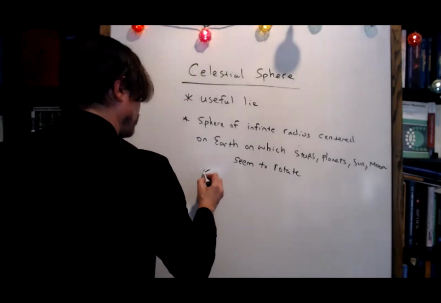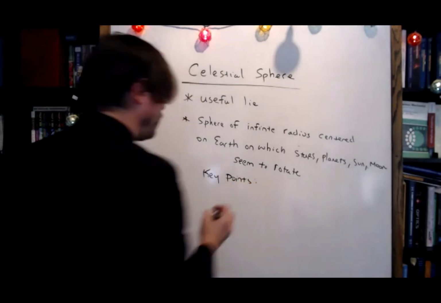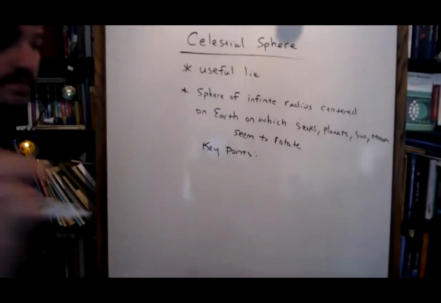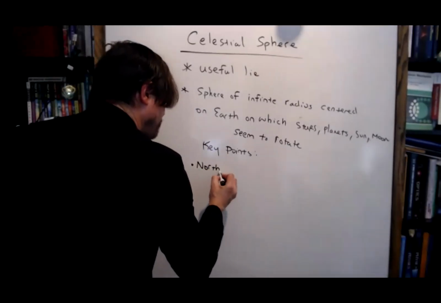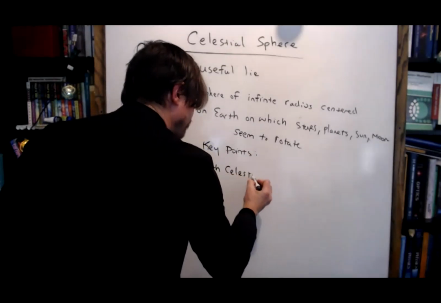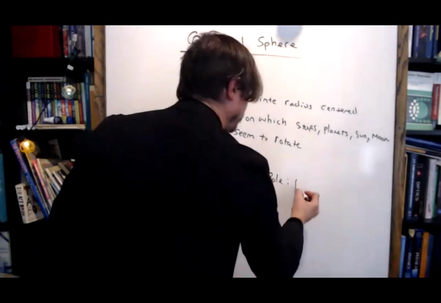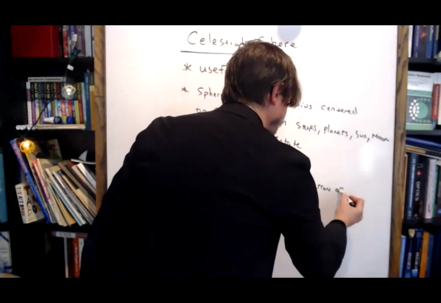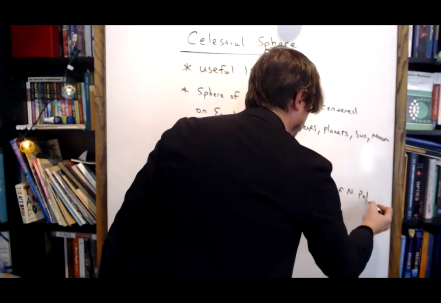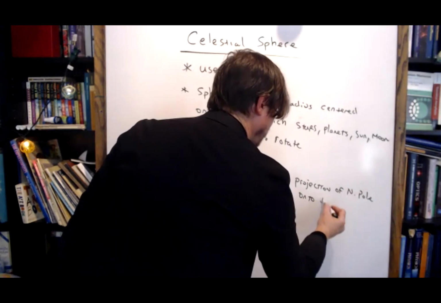There are some key points on the celestial sphere. The key points are the north celestial pole, which is the projection of the North Pole onto the sky.